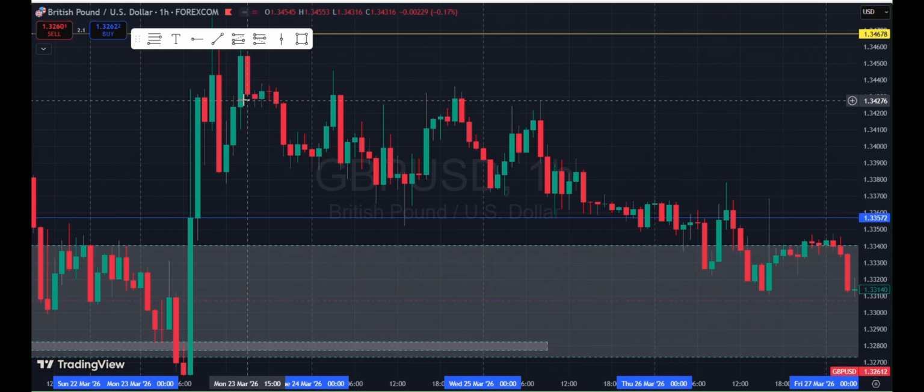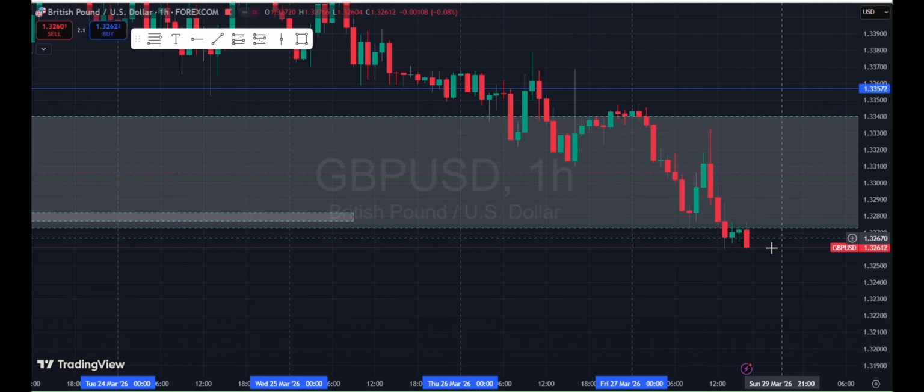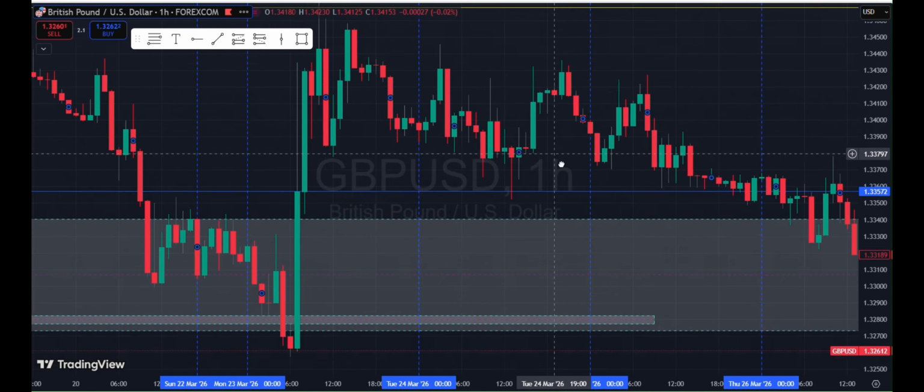Just like the US Tech, after the huge expansion on Monday, Tuesday and Wednesday were more quiet, and price started to move more from Wednesday and Thursday till Friday, and price got to this particular level as at Friday, as you can see.